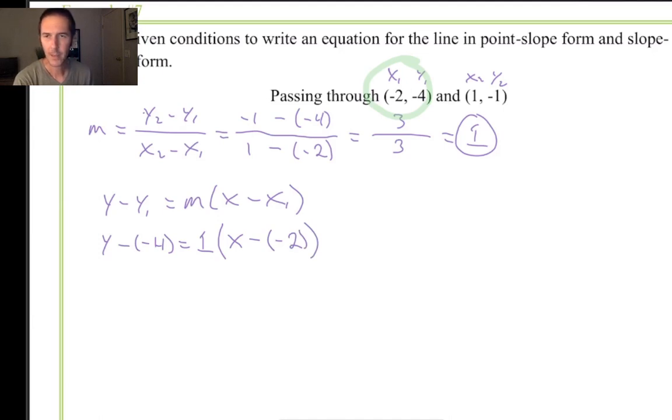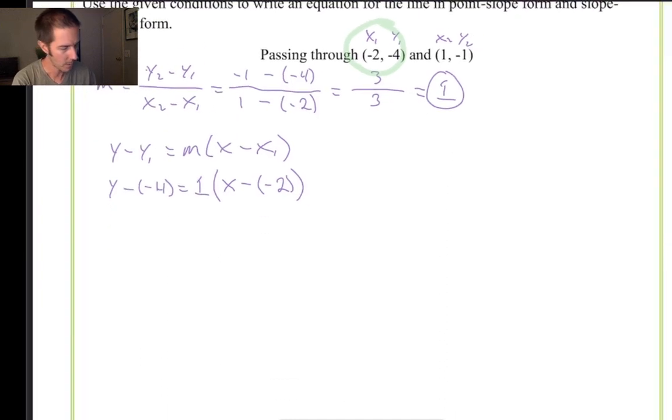Let's clean it up a little bit. If you want to label this, this is point-slope form, and then we substituted in those values. And I would write the left side of this as y plus 4 equals, maybe keep the 1, maybe don't.